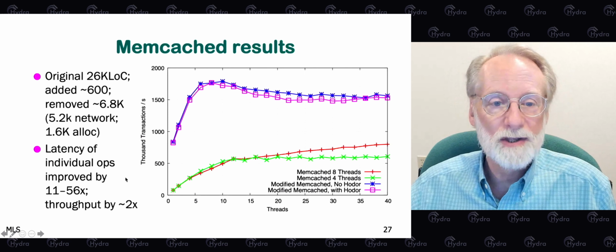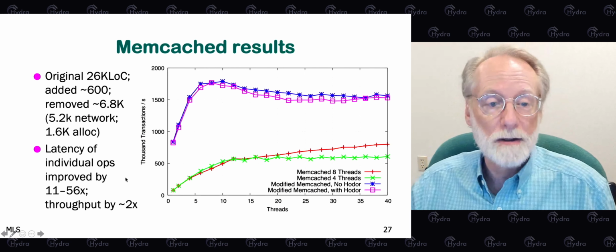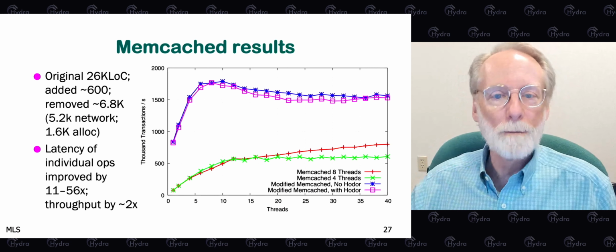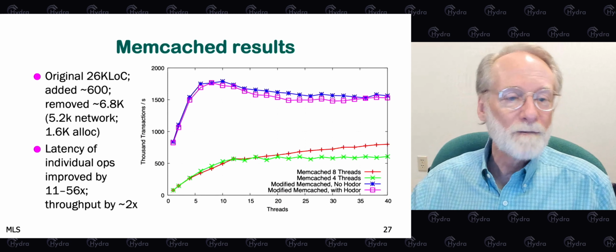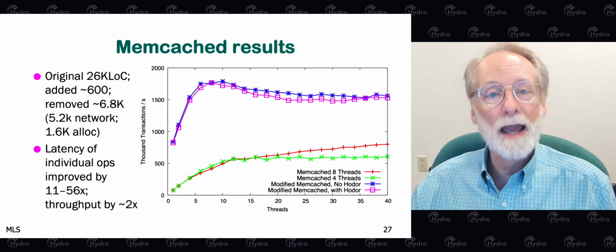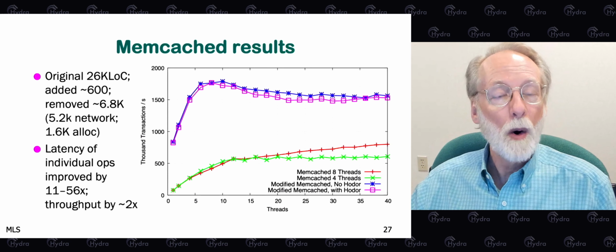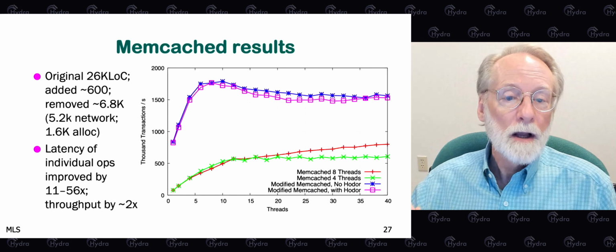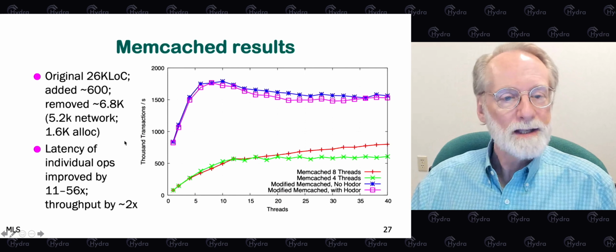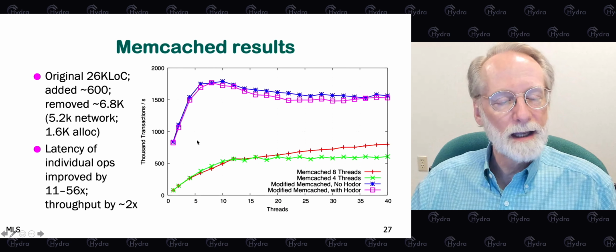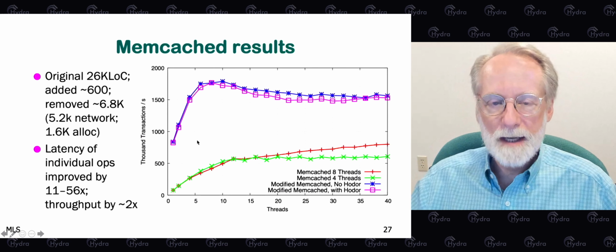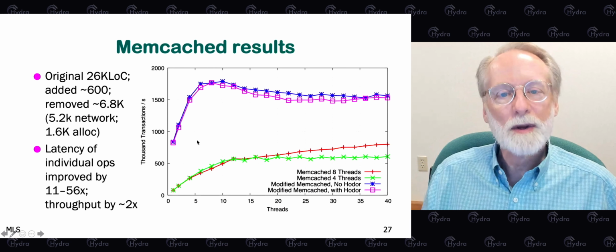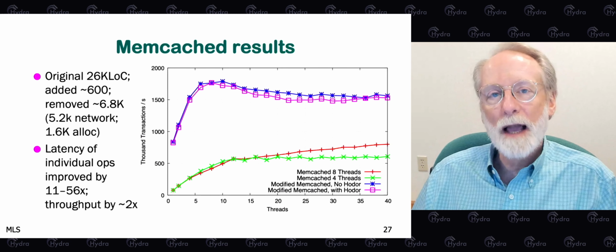Individual operations get dramatically faster. So one lookup in the hash table is about 56 times faster than it is if communicating with the Memcached server over Unix domain sockets on the same multi-core machine. Throughput is a little bit more complicated because in the default Memcached case, you can have lots of network packets in flight.